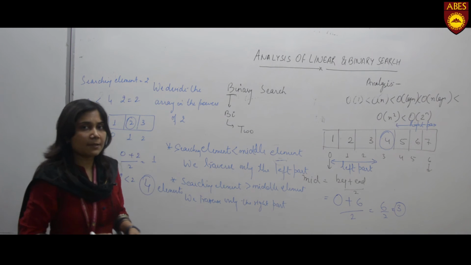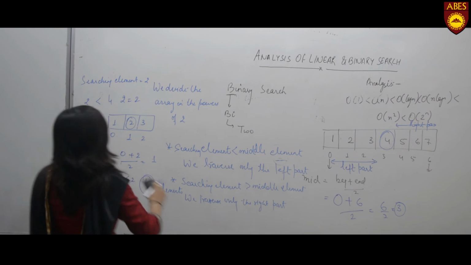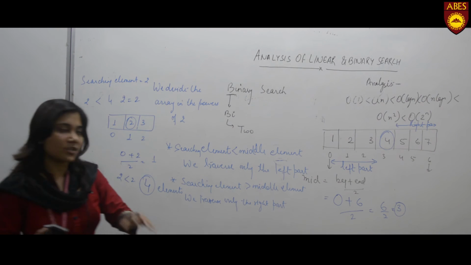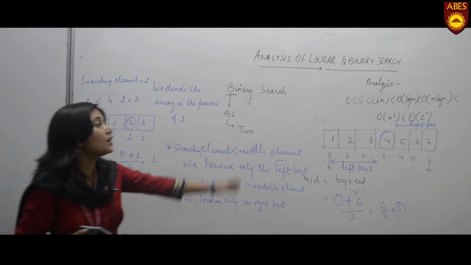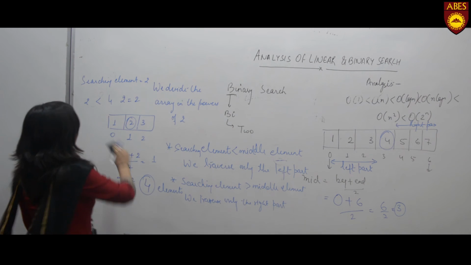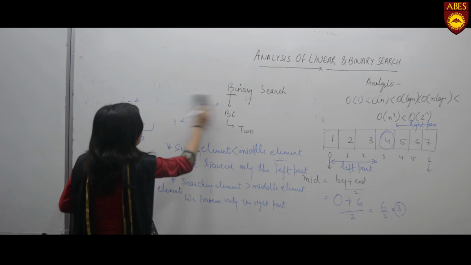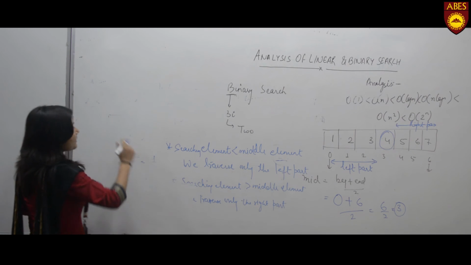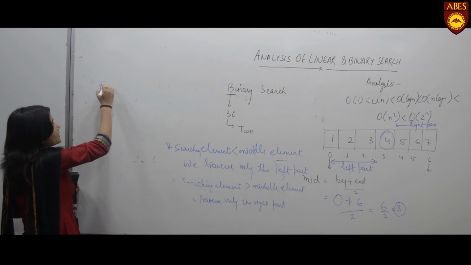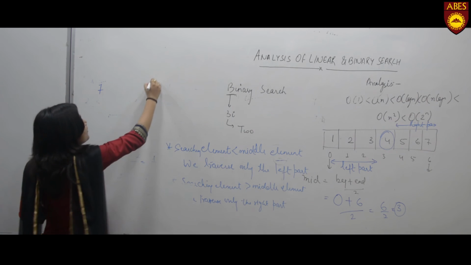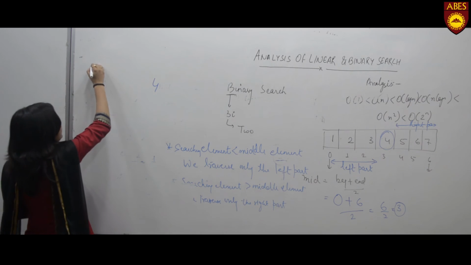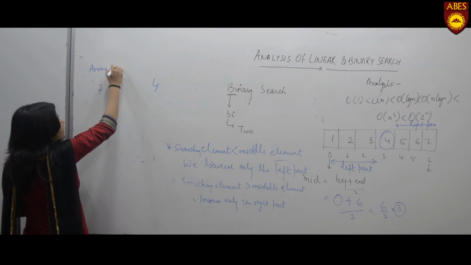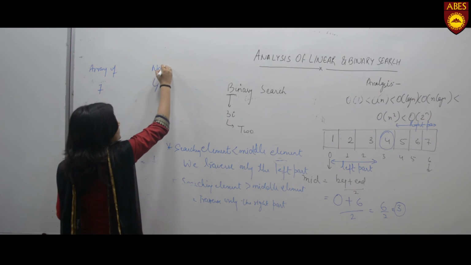So in this way we can make a summary of how many elements I have to check to find a particular element in an array. If I am searching an array of 7 elements, then I need to check only 4 elements.